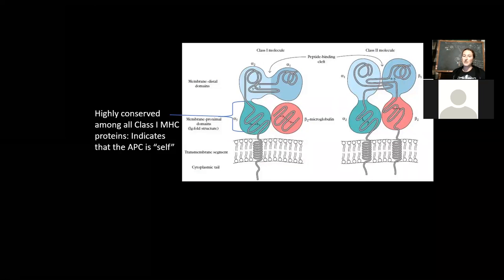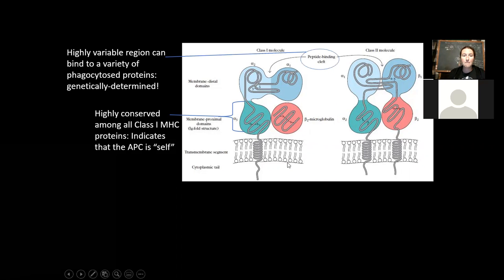And again, I just want to remind you that the conserved portion down here, the ones that those co-receptors are actually recognizing, this tells those T cells that this is us, don't attack us. But there are two different configurations. As we can see, there's no connection here. And so this is a class 1 molecule, and this is a class 2 MHC molecule. Okay.